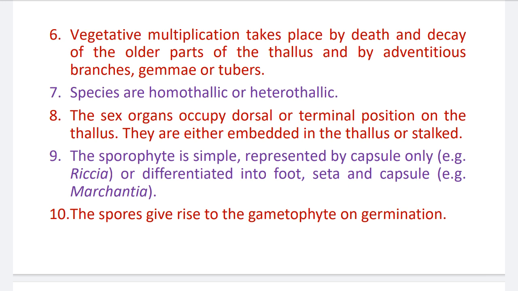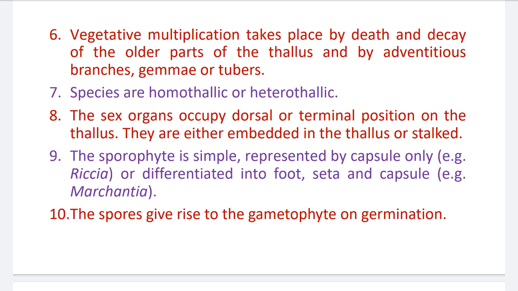Then gemmae are gemma bodies. They are developed in the gemma cup, for example Marchantia, or small tubers, for example Riccia. Number 7, species are homothallic or heterothallic. This is the sexual differentiation. In case of homothallic, the thallus is the same.